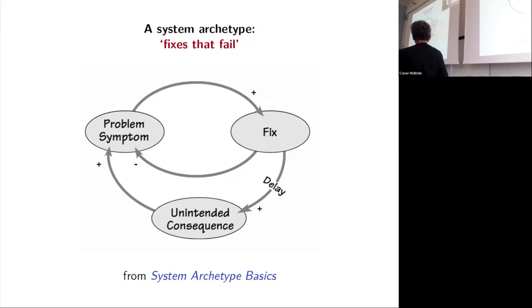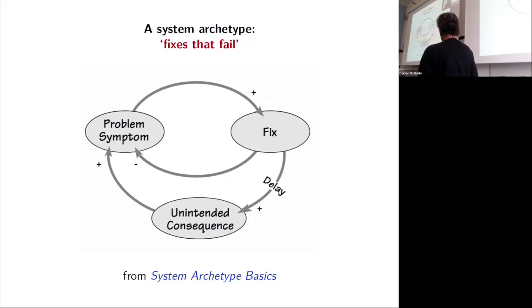So the idea is that the worse the symptom gets, the more you try to fix it, and the fix does fix it, so it tends to reduce the problem symptom, but the fix may have a delayed unintended consequence, and then the unintended consequence may increase the problem symptom. So this is a very typical sort of issue in everything.